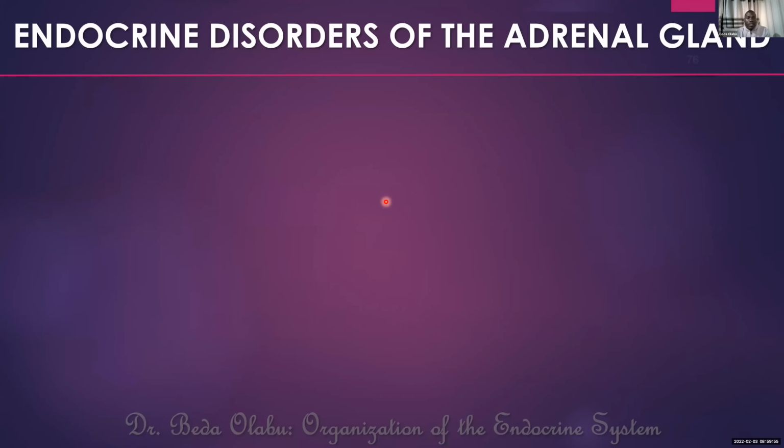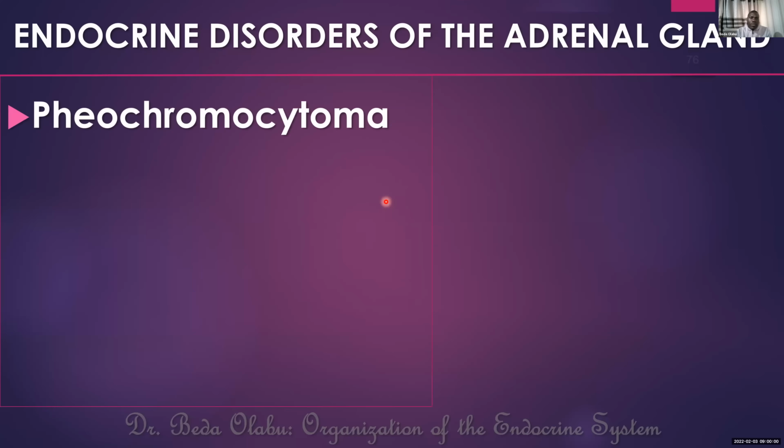Let's talk about some endocrine disorders that affect the adrenal gland. There's one that you will come across in your clinical practice called pheochromocytoma. Pheochromocytoma refers to tumors of the chromaffin cells. These are tumors that produce adrenaline. Basically, pheochromocytomas are catecholamine-producing tumors. The majority will be within the adrenal gland, but a few are extra-adrenal.